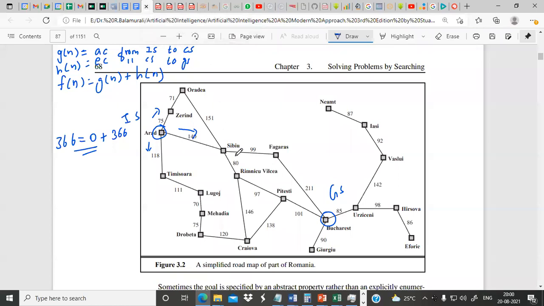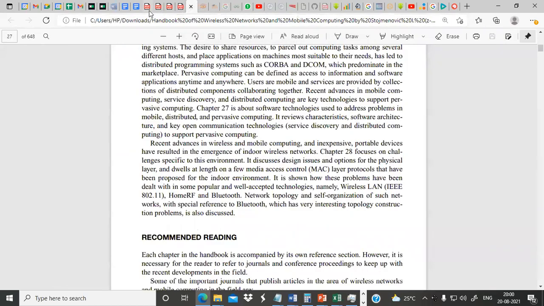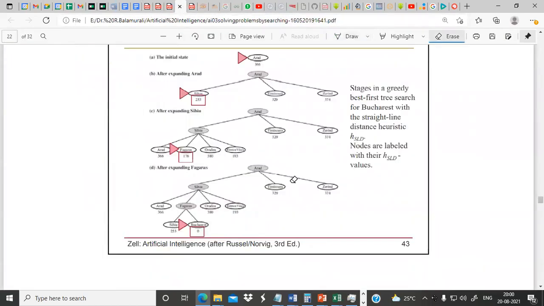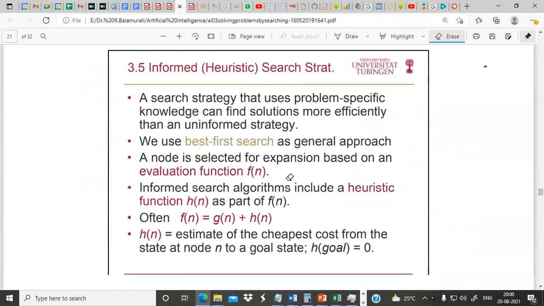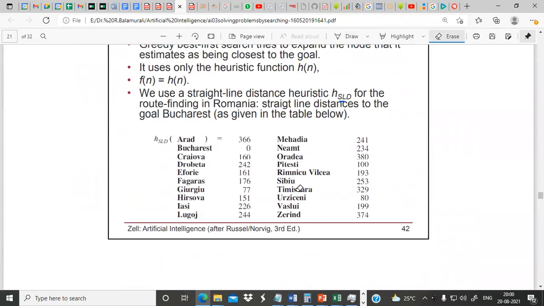Let us check. CPU to Fagares is 99. And what's the estimated cost of reaching from Fagares? 176.